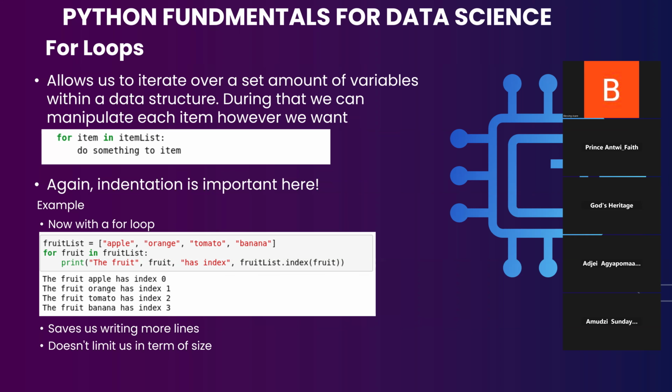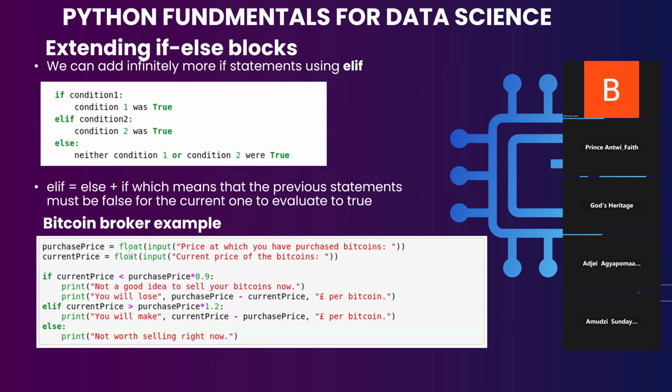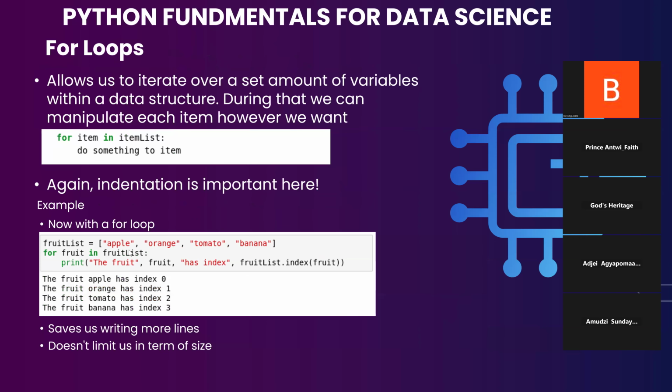So for fruit in fruit list, we print the fruits and then you add the index. Basically, we defined the list for our fruits, and then we just want to know, for every fruit in the list that we defined, what is their index?